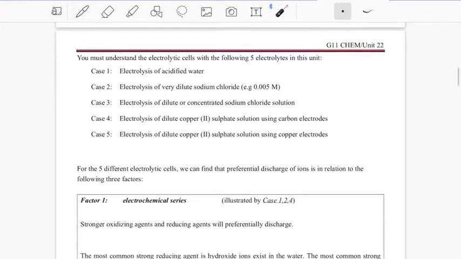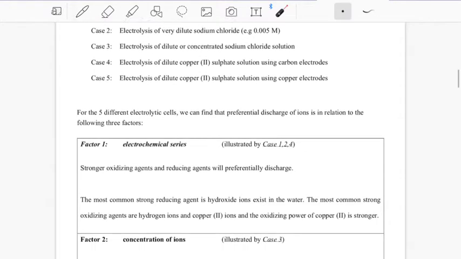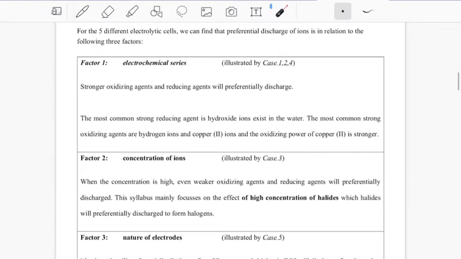Just like when we learned to compare the strength of intermolecular forces, we have to consider several factors, and they are listed in an order that we must follow. In this unit, we also need to consider several factors. There are 3 factors you need to consider. One is their position on the electrochemical series, and the second one is the concentration of ions.